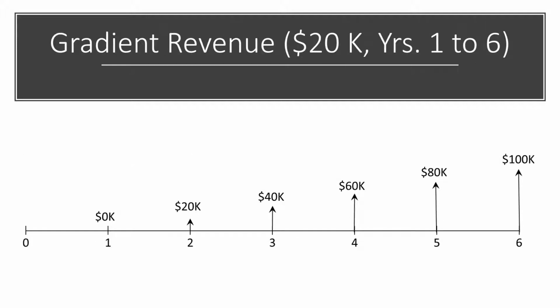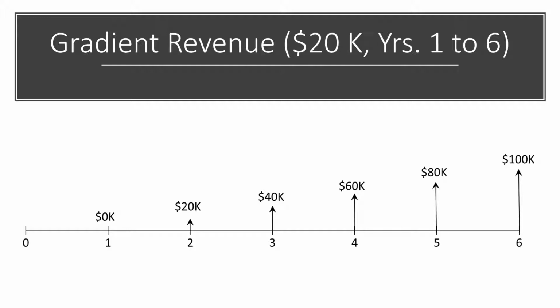A gradient, so here's our gradient. You see in year 1, 0. In year 2, our gradient series takes on a value of 20K. In this case, because it's increasing by 20K, that obviously is going to be dependent on the series that you're representing.